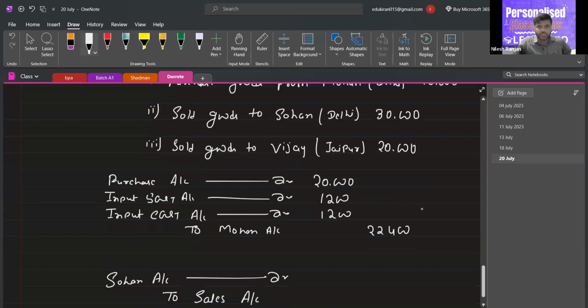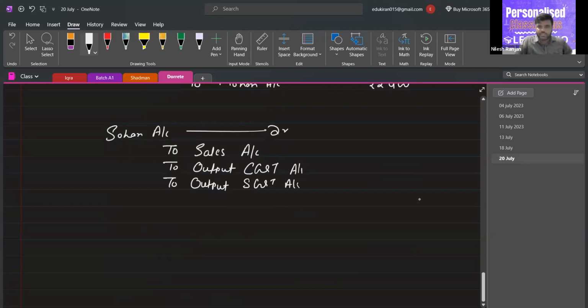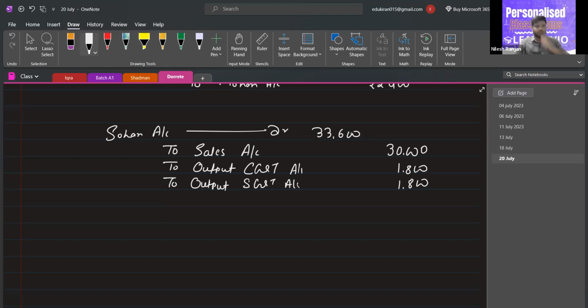Sale value is 30,000. 6% CGST is 1,800, 6% SGST is 1,800. So the total is 33,600. Is this clear? Yes, sir.